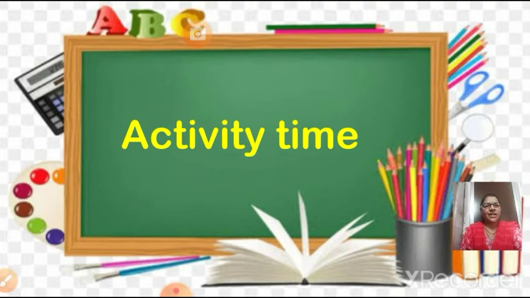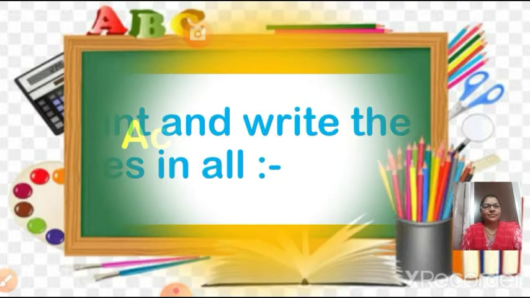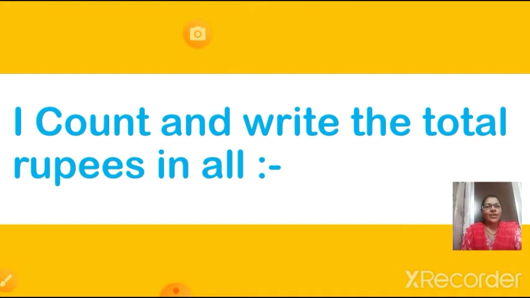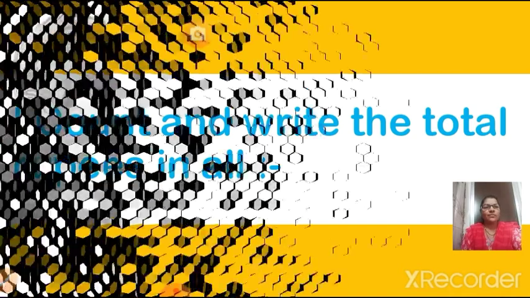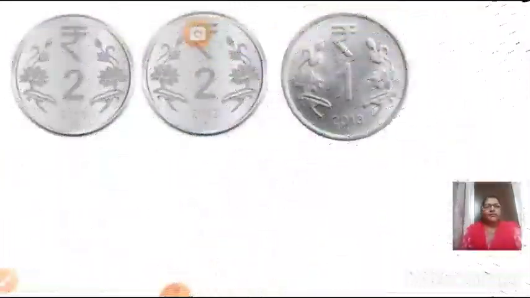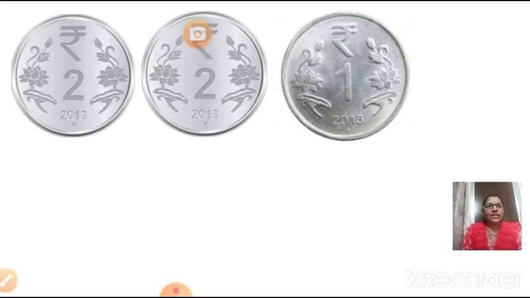Now children, I hope you all must have understood about the coins and the currency notes. Now let's do an interesting activity. Question 1. Count and write the total rupees in all. Now children, look at the coins and tell me how many coins of 2 rupees you can see here on the screen and how many 1 rupee coins.